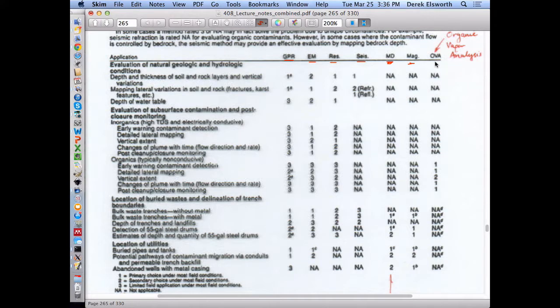So in other words, sticking a capillary tube into the ground, sucking on it using basically a gas chromatograph to be able to figure out whether organic vapors are there, and the expected source of them being VOCs, I guess. And so you can think about the different applications that you might want to use these as well.